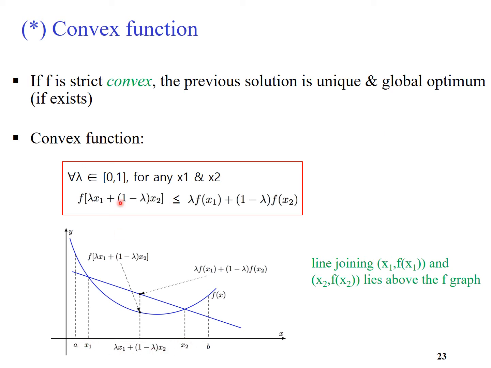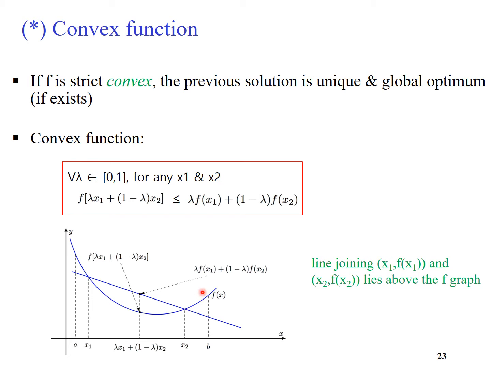Because lambda is between 0 and 1, this means any random number between x1 and x2. It doesn't go beyond x1, doesn't go beyond x2. So for any arbitrary value between x1 and x2, its f value, the function value, is always less than or equal to the line value between these two points. That's the definition of convex.